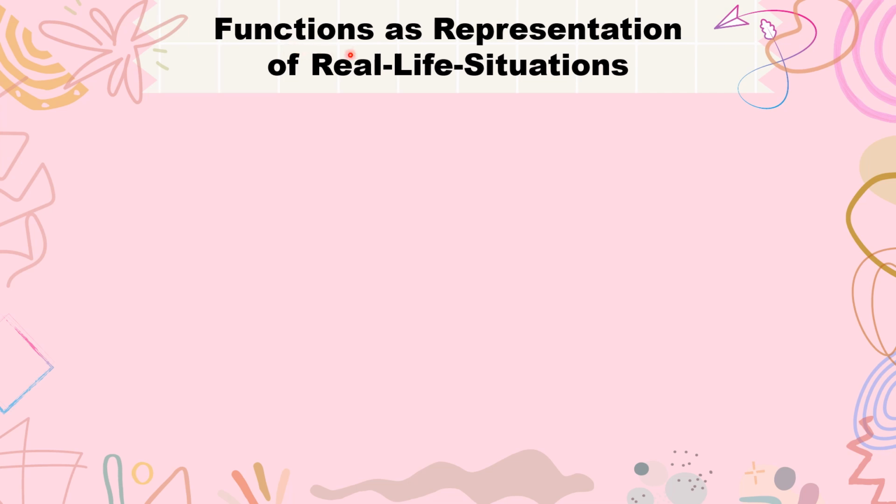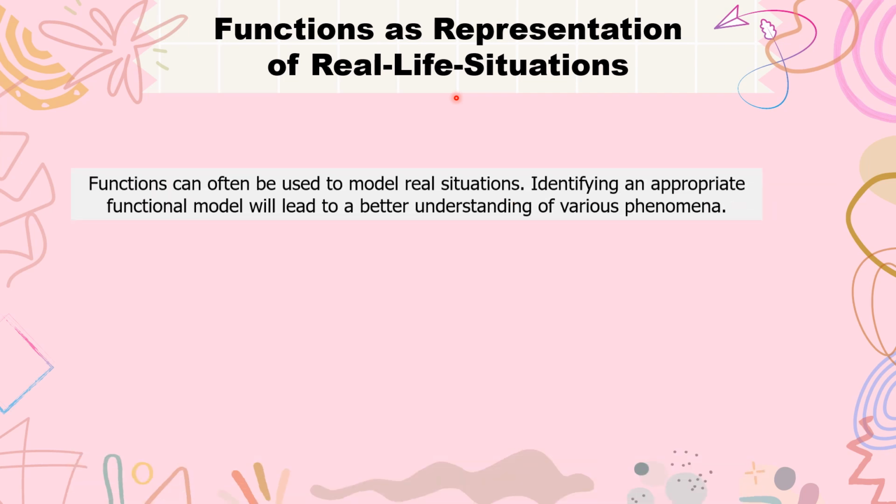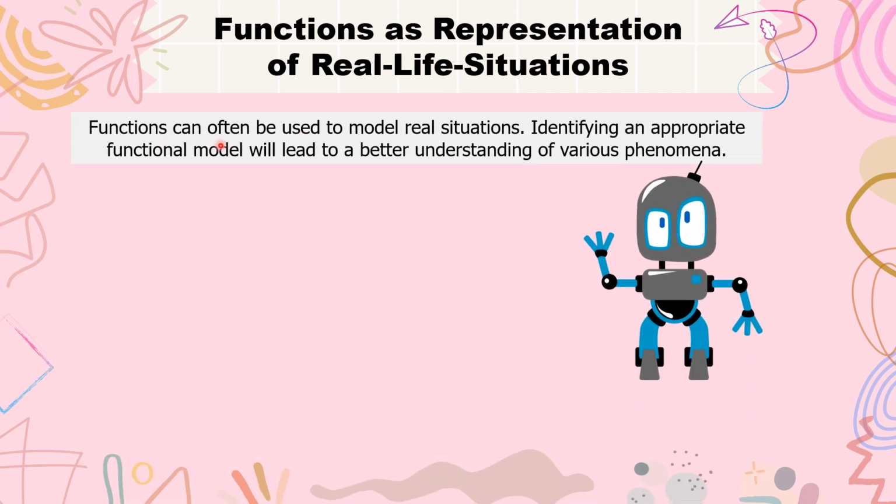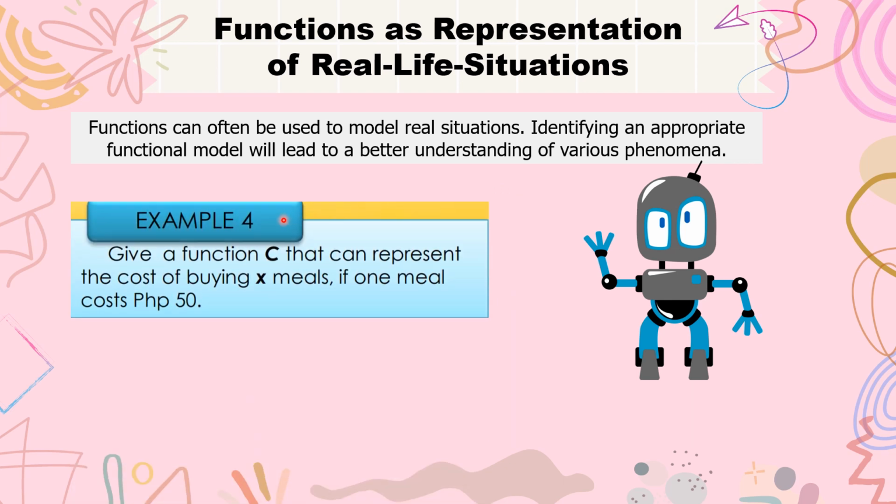Now, let's have functions as representation of real-life situations. Functions can often be used to model real situations. Identifying an appropriate functional model will lead to a better understanding of various phenomena. Let's have example number 4. Give a function C that can represent the cost of buying X meals if 1 meal costs 50 pesos.